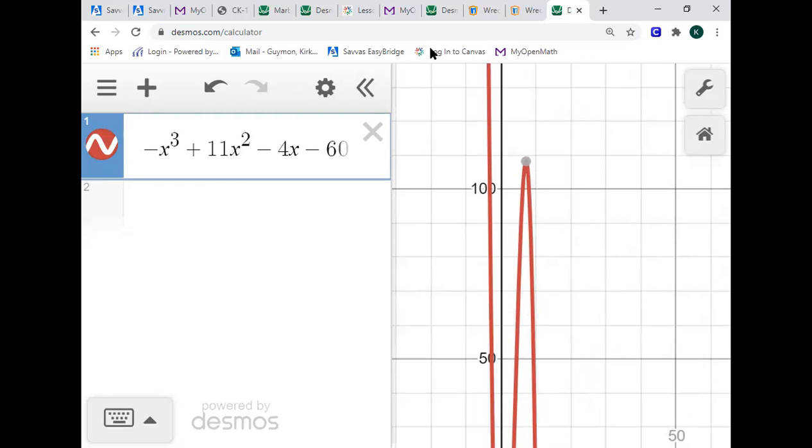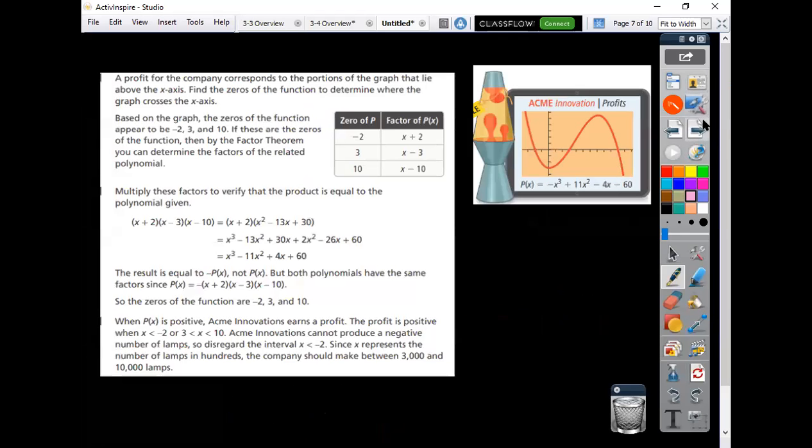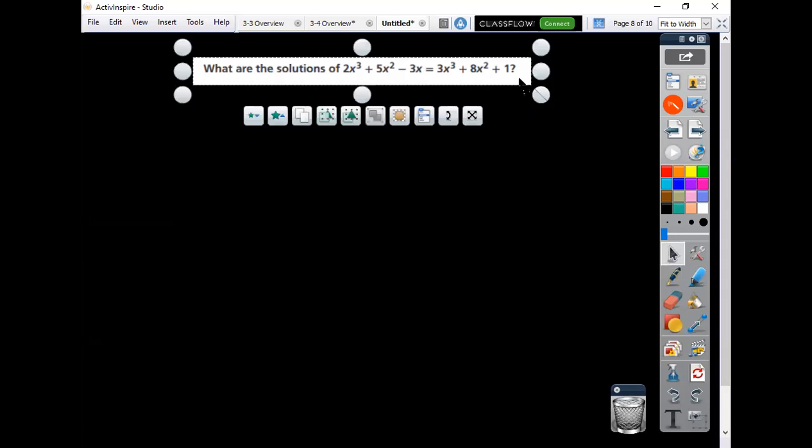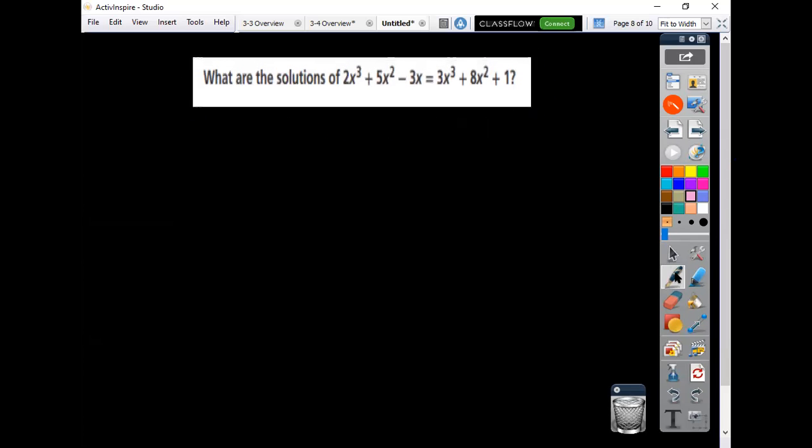So anyway, let's go back and finish up that lesson. And we had all of that. So how would I find the solution to this problem? I've got a cubic equal to another cubic, and I want to find where they're equal to each other. So I would probably do something like, let's move everything to one side. I like to keep the leading term positive.